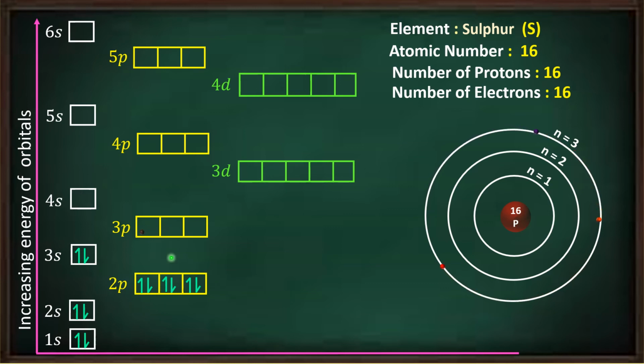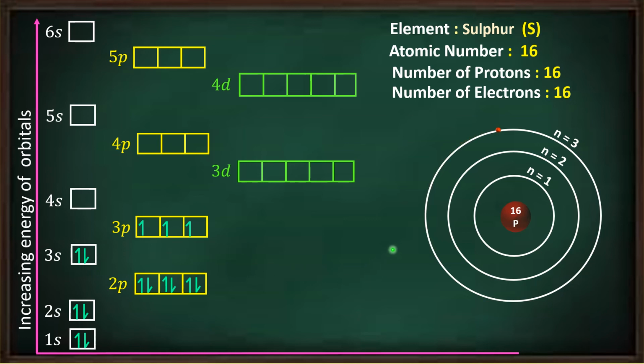The 13th electron enters into one of the empty orbitals of 3p, and the 14th electron enters into another empty orbital of 3p. Next, the 15th electron enters into the third empty orbital of 3p, isn't it?